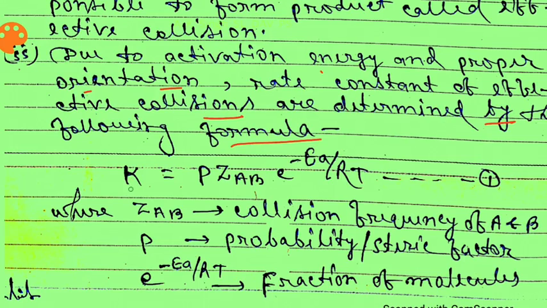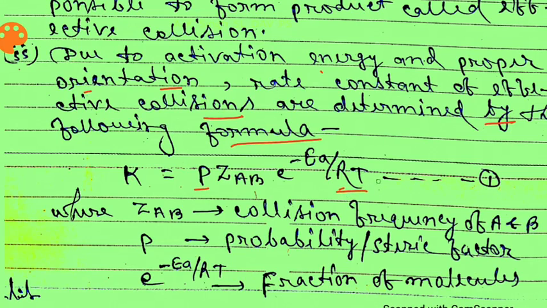K is equal to P Z_AB e to the power minus Ea by RT. Again, Ea is activation energy, R is the molar gas constant, its value is 8.314 joule per Kelvin per mole.